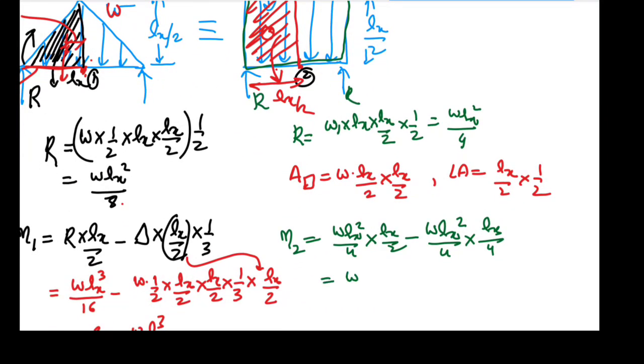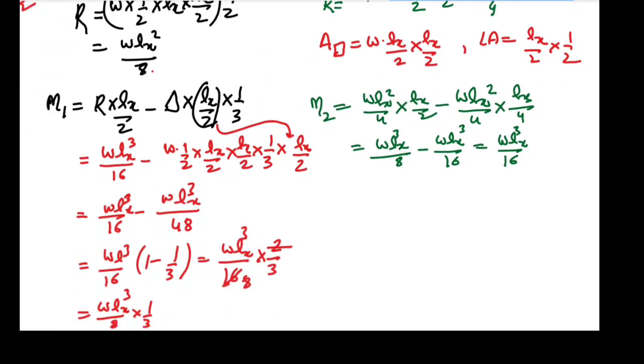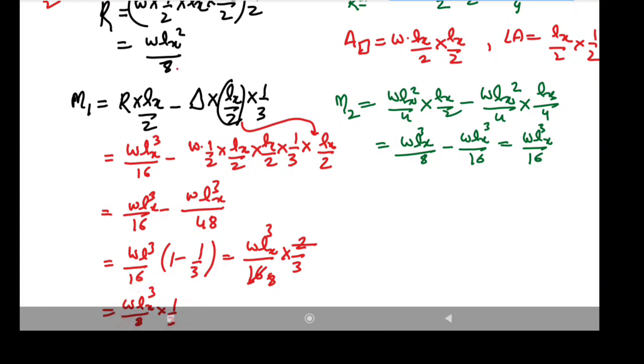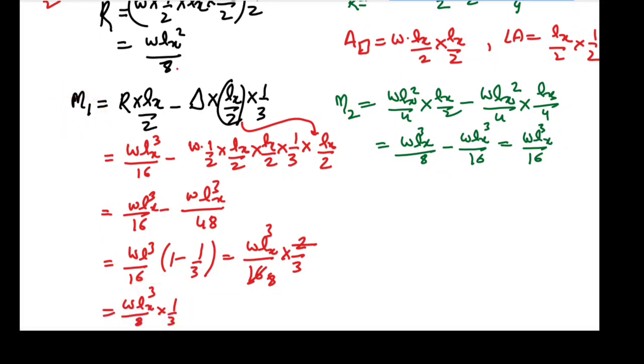So this value will be W1 Lx cube by 8 minus W1 Lx cube by 16. So you get W1 Lx cube by 16. So we have this value M2, and we have this value M1. So now we'll equate M1 and M2.